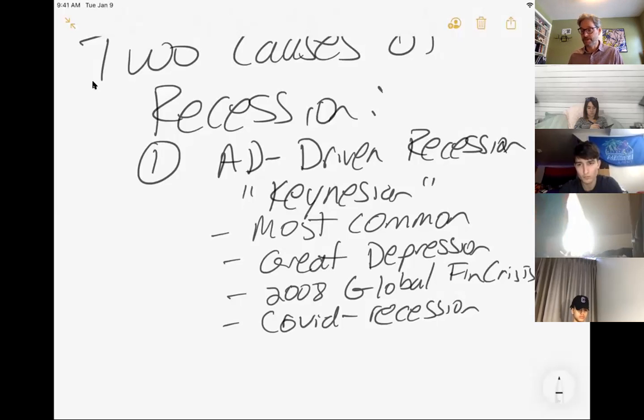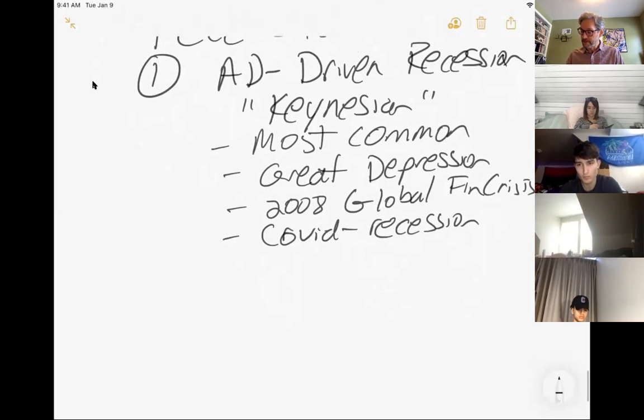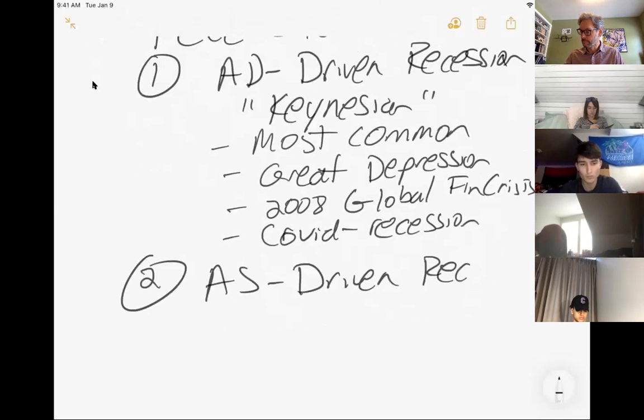aggregate demand-driven recessions. We will also talk about the other type of recession, an aggregate supply-driven recession, often known as a supply shock.